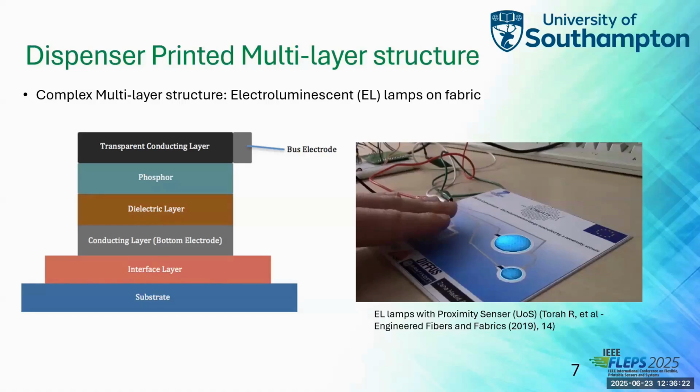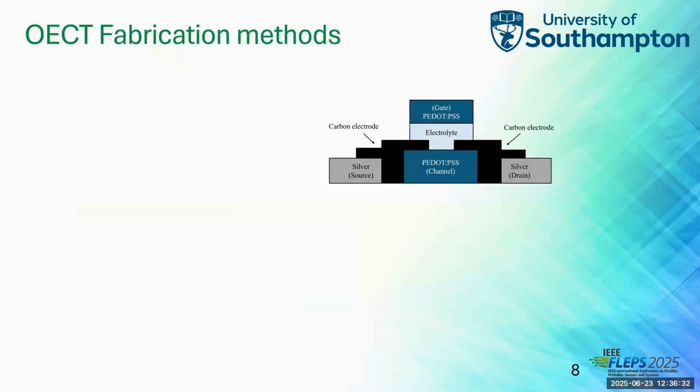So why do I show this? Because we can use the dispenser to make multilayer structures. Okay, going back to the OECT, this is the OECT vertical structure. We can see it's also a multilayer structure using different materials.